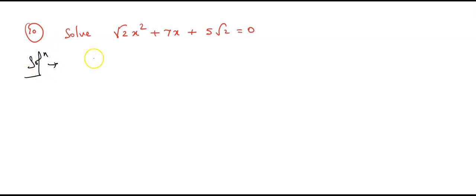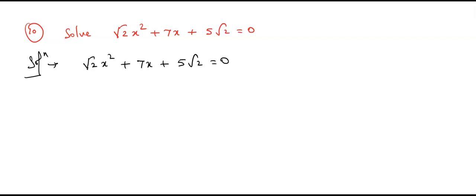Solution, very simple. Let me write this √2 x² as it is, plus 7x plus 5√2 equals 0. Now we can see first and last term both are irrational numbers, that is surd, that is root. So what can we do if both the numbers are roots? See children, in case we get this type of sum, you can split the middle term.